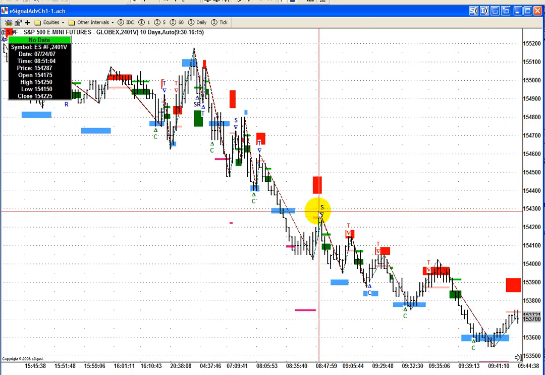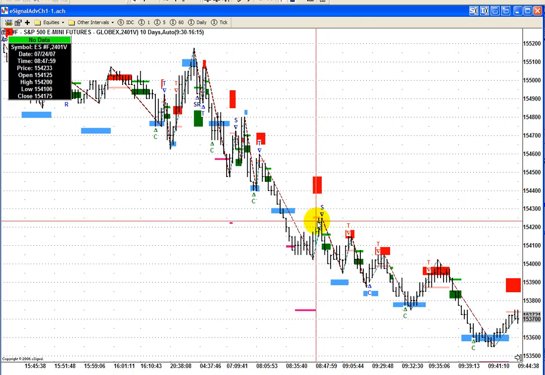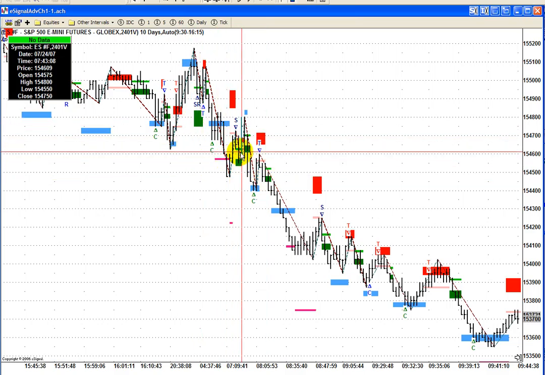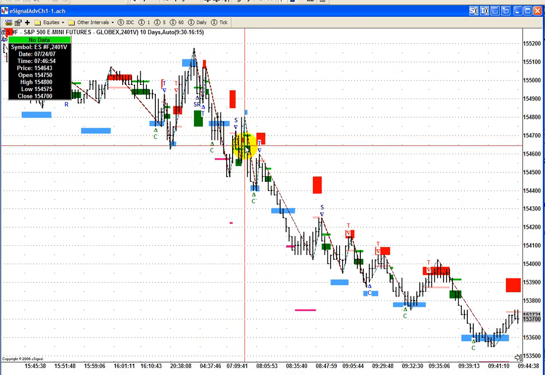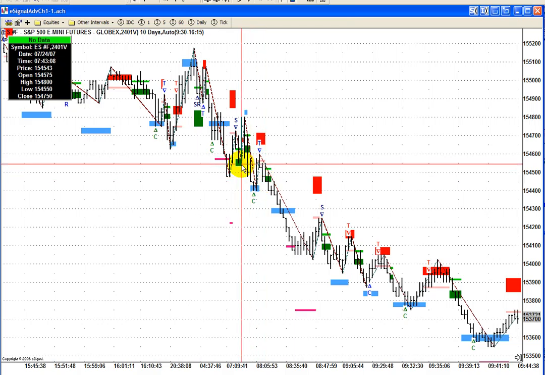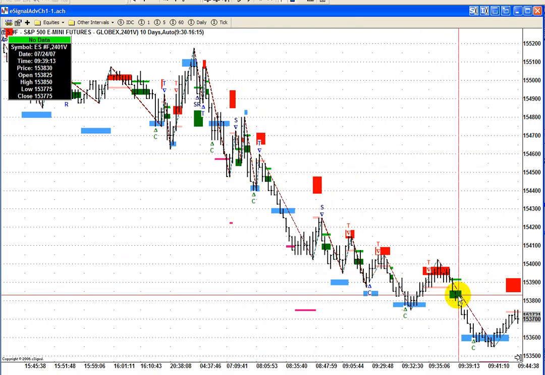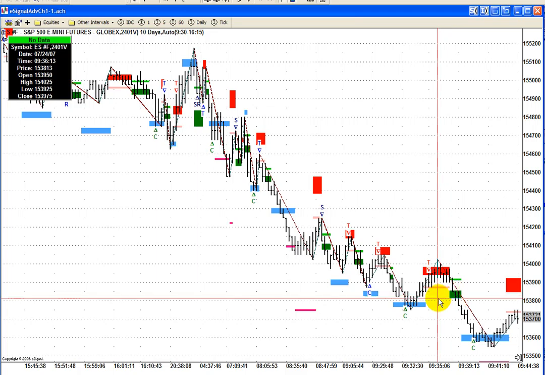The market traded in this case exactly to minor resistance and reversed. The green boxes on the chart indicate intermediate support, and in a long situation will be the level that you would end up taking the long trade from.